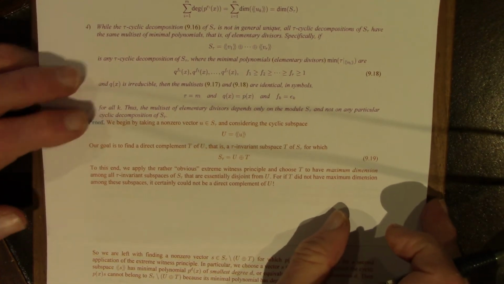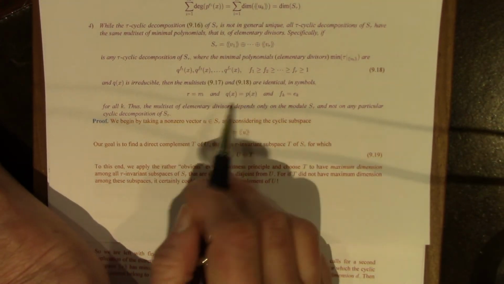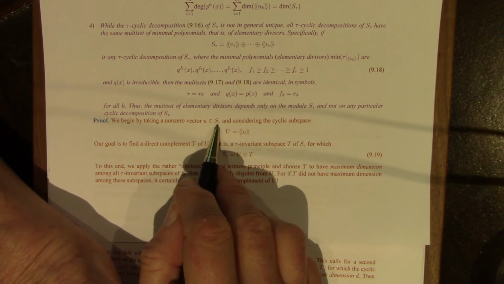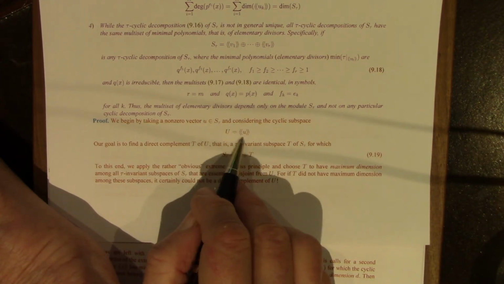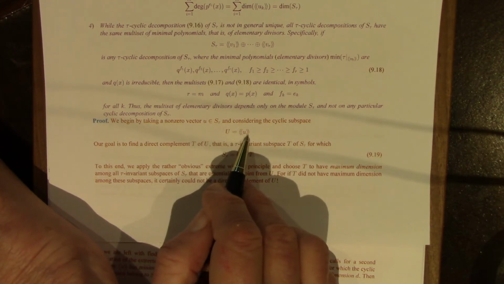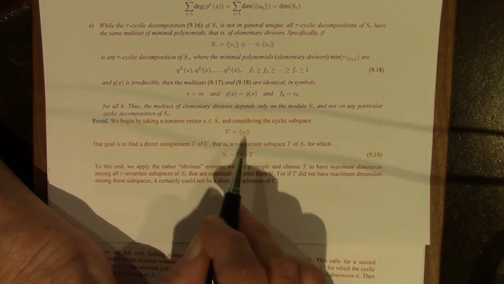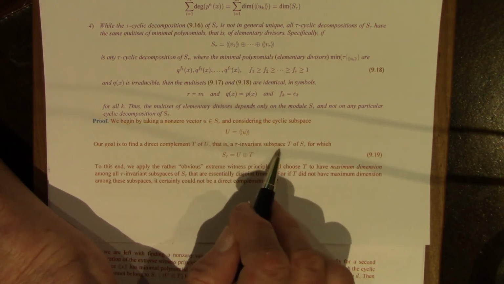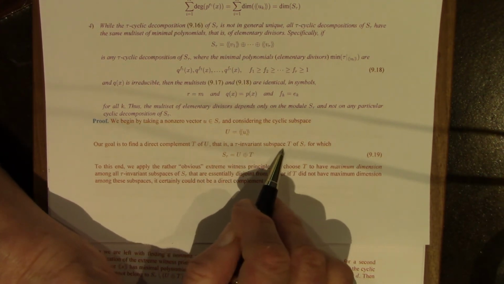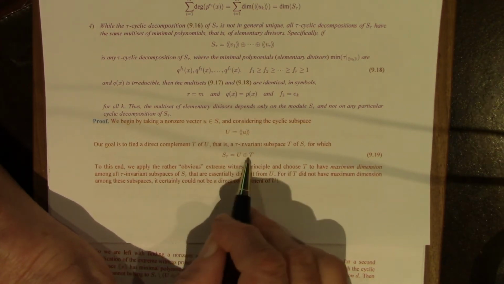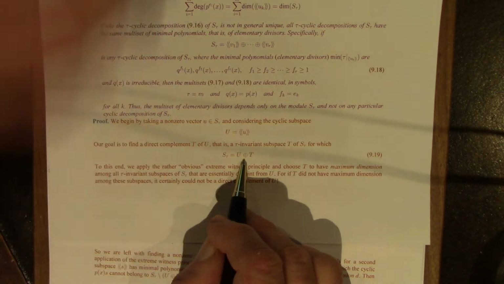So a logical place to start, of course, is just to grab any non-zero vector in the module and look at its cyclic submodule. It's generated by that vector. Our goal is to find a direct summand that's tau invariant, that's a submodule for which this holds. So we don't know this. We're trying to get to this point.